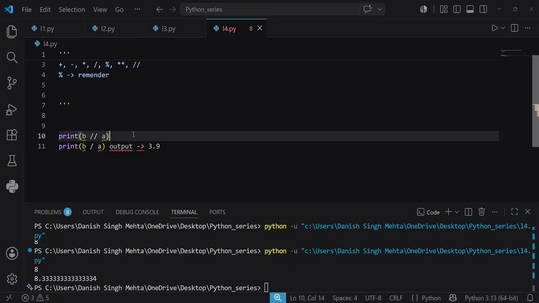If we do the floor division, its output will be 3.